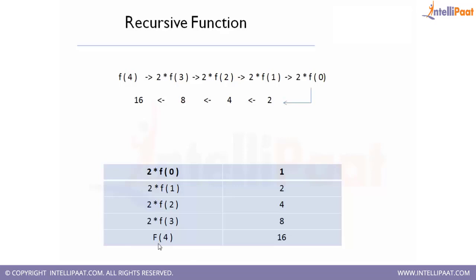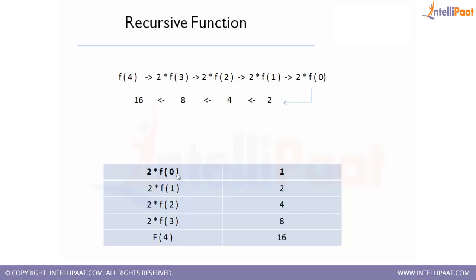If you see this call stack, first f of 4 is called, then in f of 4 we are calling f of 3 and multiplying the result of f of 3 with 2. Similarly, in f of 3 we are calling f of 2 and multiplying the result of f of 2 with 2, and in f of 2 we are calling f of 1.